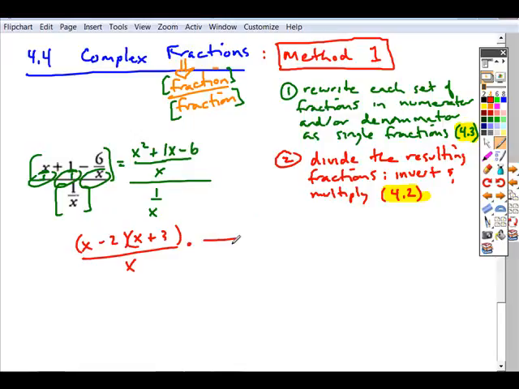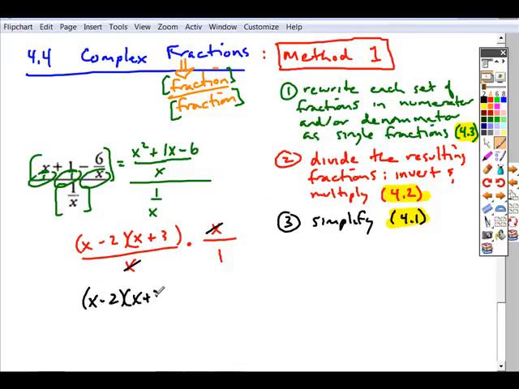When we invert and multiply, the 1 gets moved to the denominator, the x gets moved to the numerator. We go ahead and simplify, as our final step, and simplifying is what we did in section 4.1. So we simplify here, the x's cancel. We're left with an x minus 2 and an x plus 3. Okay, so this is our solution.